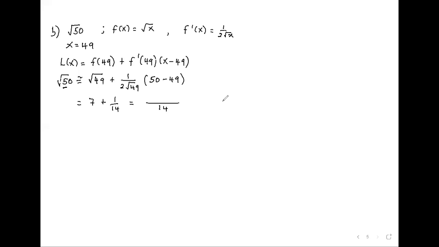So here we get 7 plus 1 over 14, which is 99 over 14, approximately 7.071.